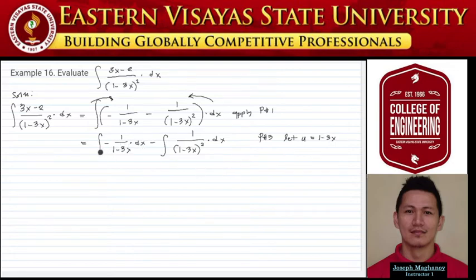So as you notice, if we're going to determine our correction factor in both terms, it's the same, except the other term is squared and the other term is not. So first derivative of your u is negative 3. So your dx is equal to the reciprocal of your first derivative of your constant du, negative 1/3 du. So that is our correction factor.